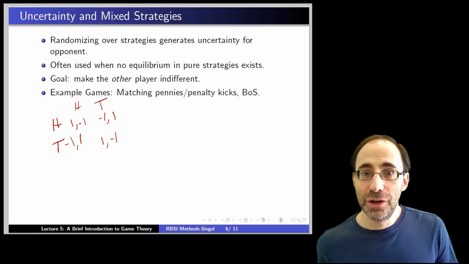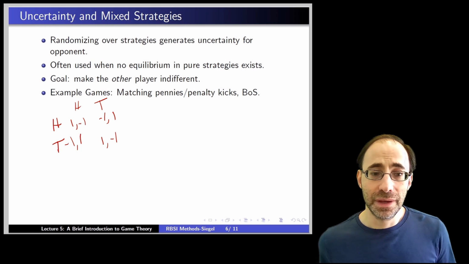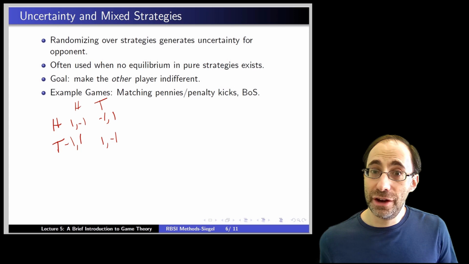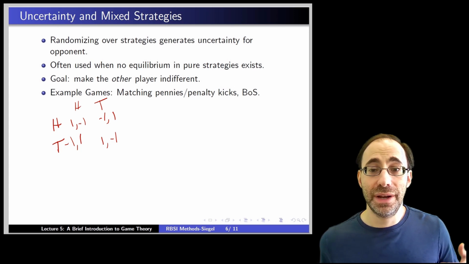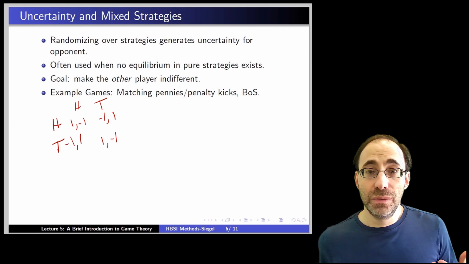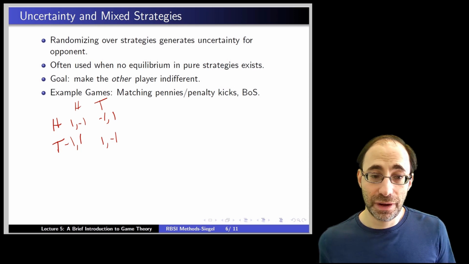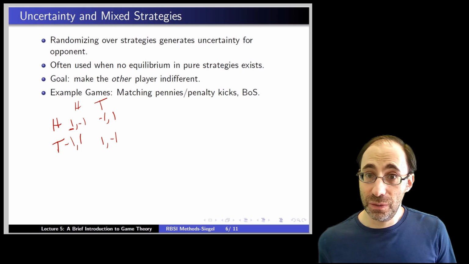Now, what would be the equilibrium in pure strategies of this game? Let's do the same thing we did before. First you consider the counterfactual world in which player 2 chooses heads. What should player 1 do? Well, player 1 has 1 to -1, so player 1 chooses 1. And if player 2 chooses tails, what should player 1 do?